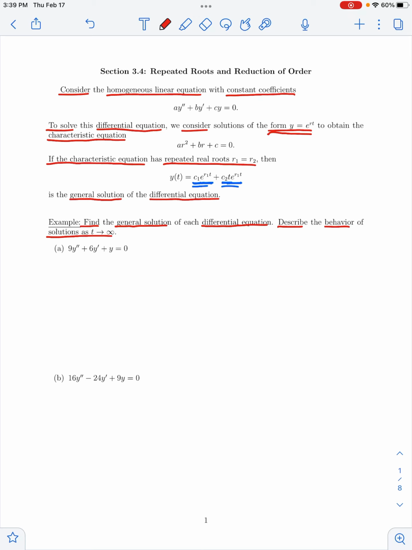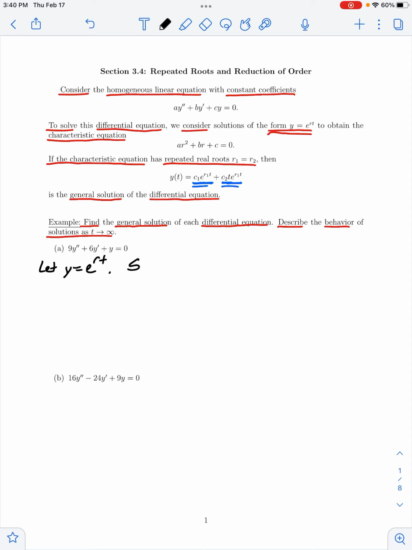In part A here, we have 9y double prime plus 6y prime plus y equals 0. It is a second order linear homogeneous equation with constant coefficients, and so I know to solve this, I would seek solutions of exponential form, y equals e to the rt.